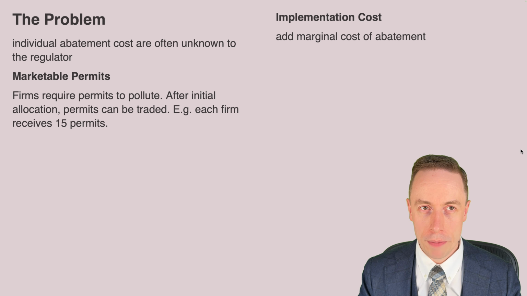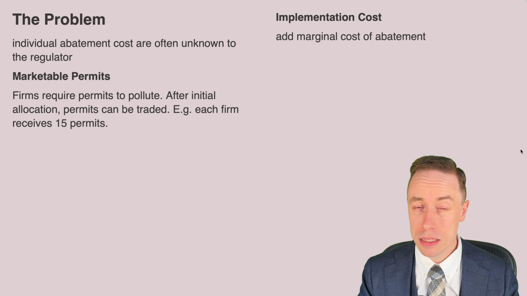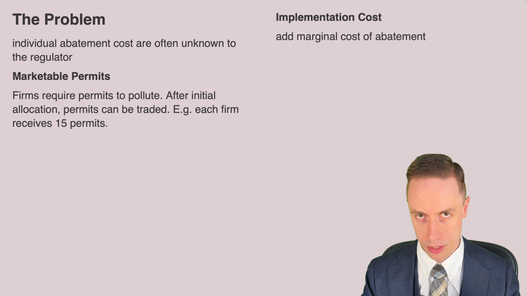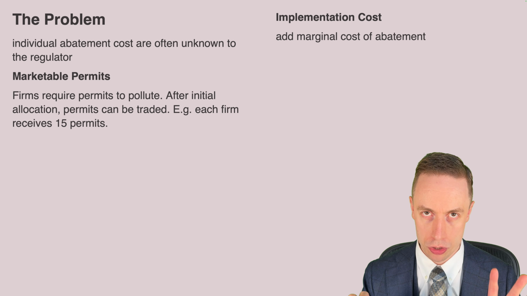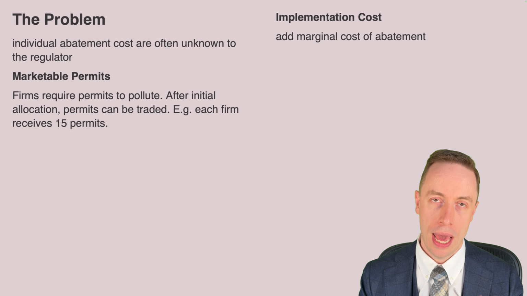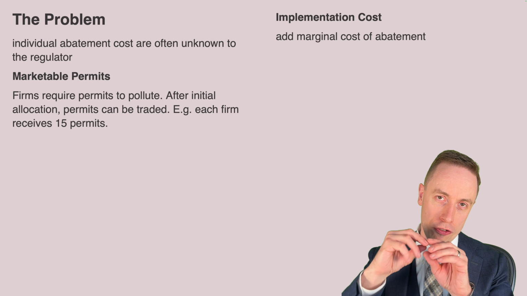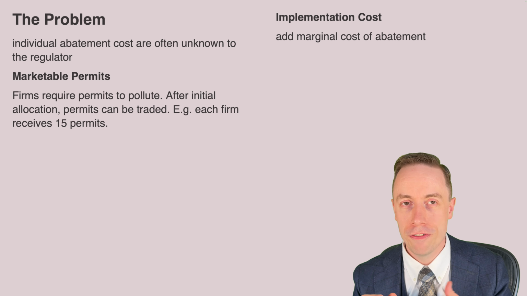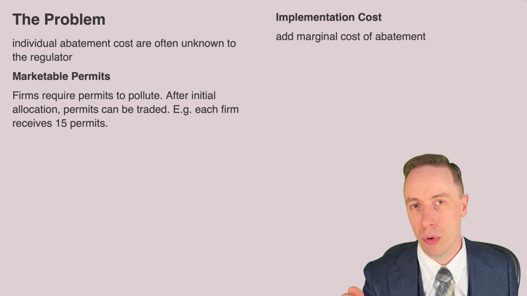Well, step number one is a little bit like command and control. We make some type of blanket rule. Here's how much pollution has to be cut. Except in terms of phrasing it as a cut, we phrase it as an allowance.